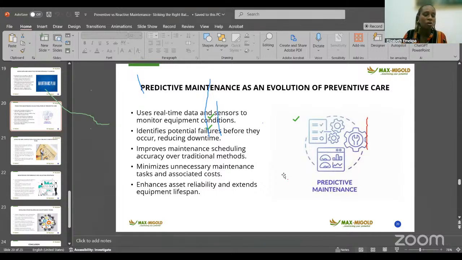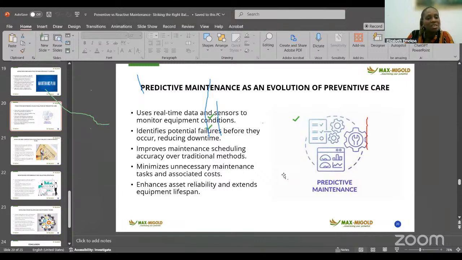They might come at a high price, but these are monitors that they have in place. All you just need to do is control it with your phone. It all works live. Identify potential failures before they occur, reducing downtime. It helps to improve maintenance schedule accuracy over traditional methods.